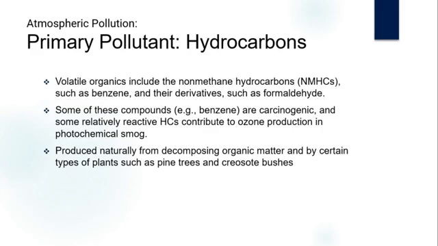Some of these compounds are carcinogenic, and relatively reactive hydrocarbons contribute to ozone production in photochemical smog. Hydrocarbons are produced naturally from decomposing organic matter and by certain types of plants such as pine trees and creosote bushes.